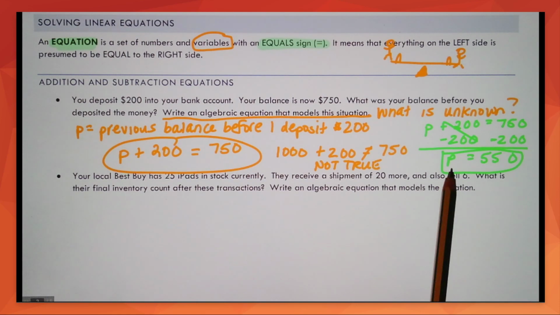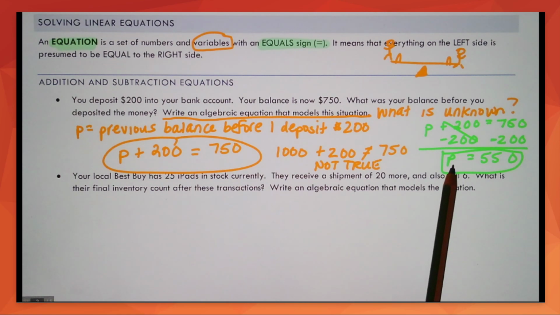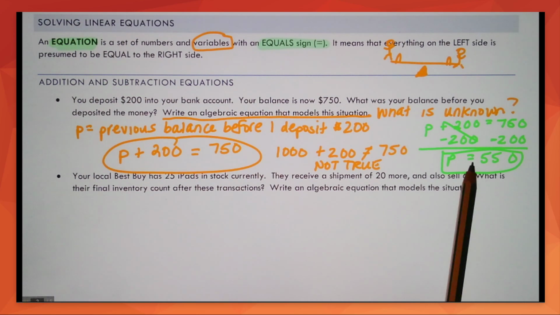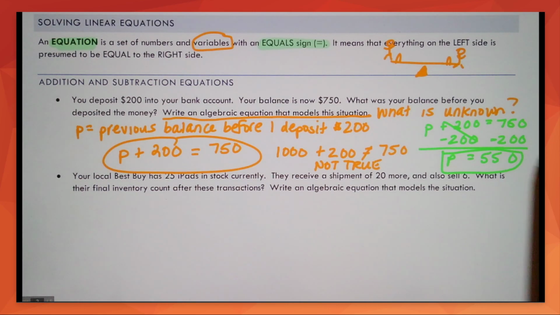I have gotten P by itself. Another thing you might hear if you watch other algebra videos is the terminology "isolated." That means I got the P, this variable, all by itself, okay? And it equals whatever the new right side is after this transformation that I did to it, okay?